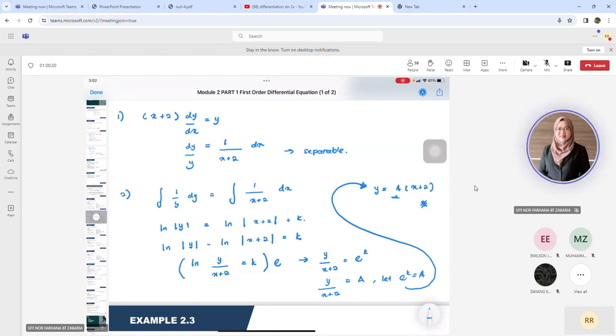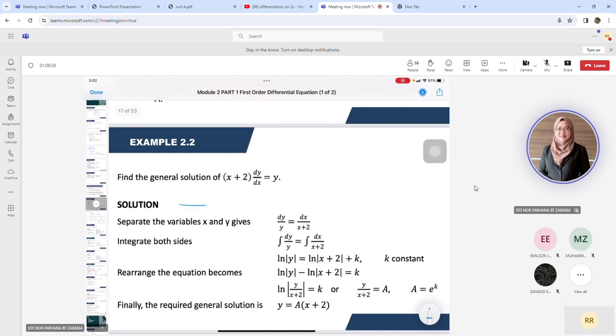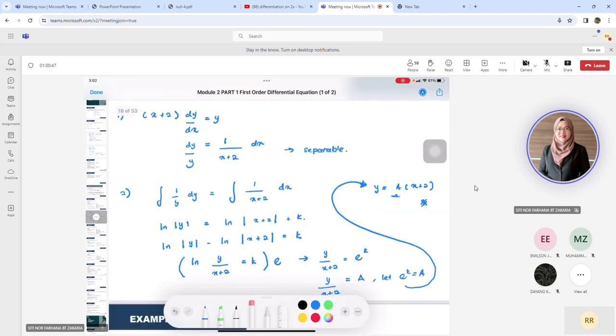No? Yeah, I also provide the solution here. Again, that solution is not straightforward. So that's why I rewrite the solution like this, so that you can see clearly how to solve this kind of equations. Okay.